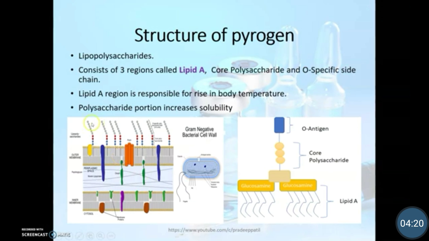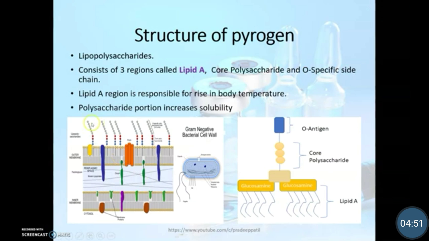You can see here the gram-negative bacteria and the structure of its cell wall, which consists of three parts: the lipid layer known as lipid A, then a core polysaccharide layer, and another one, the O antigen.